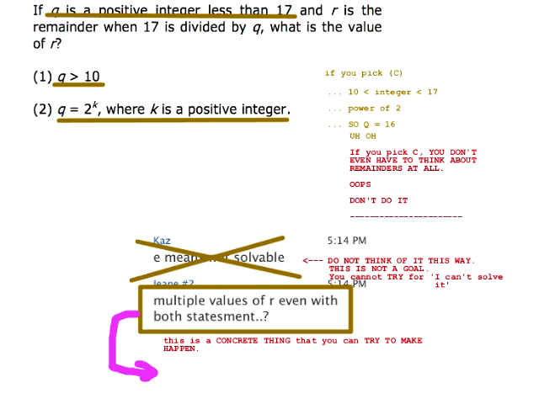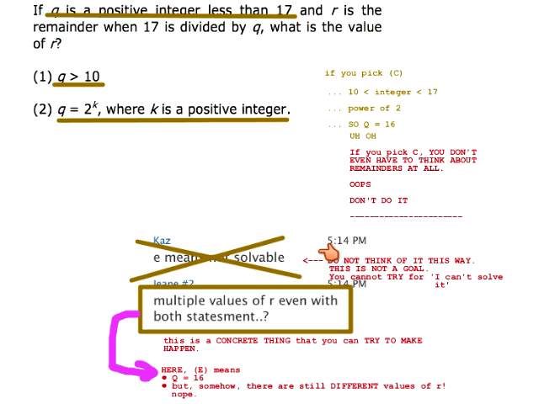Here, E means that Q is a single number, but somehow there are still two or more values of R. This is clearly not a thing.